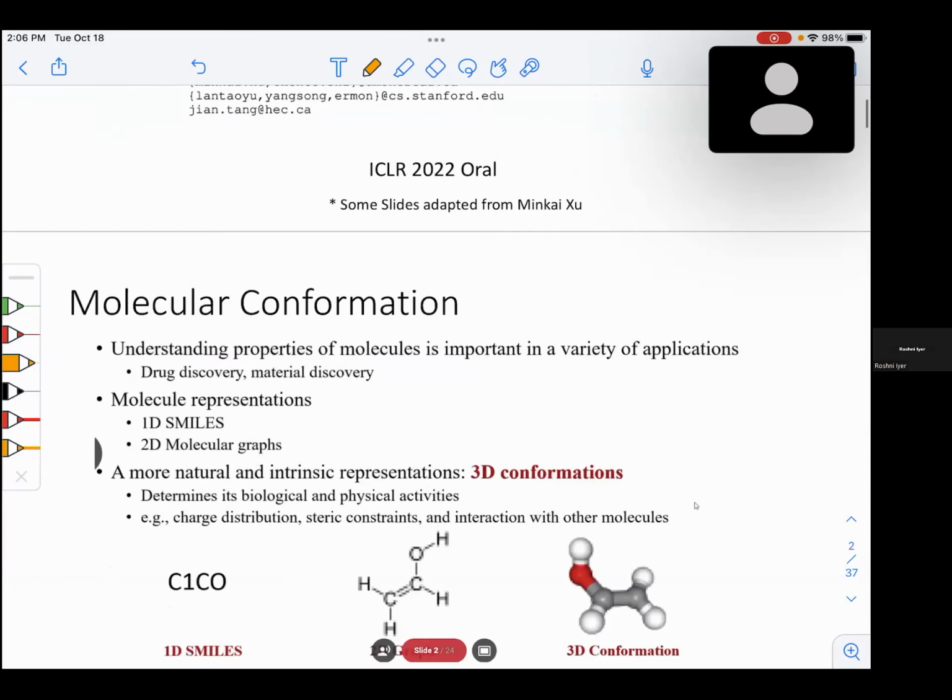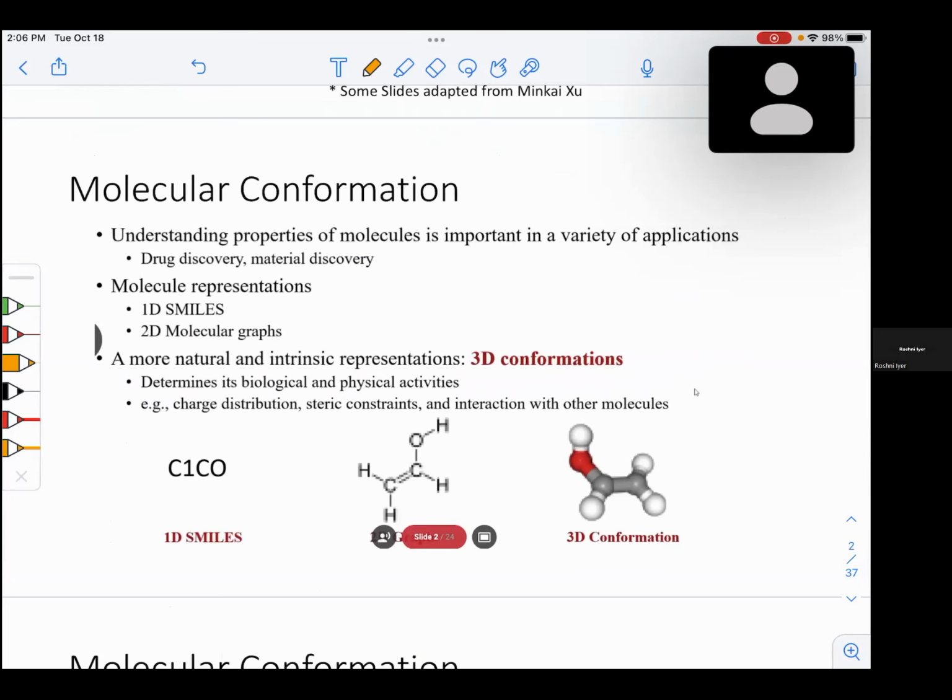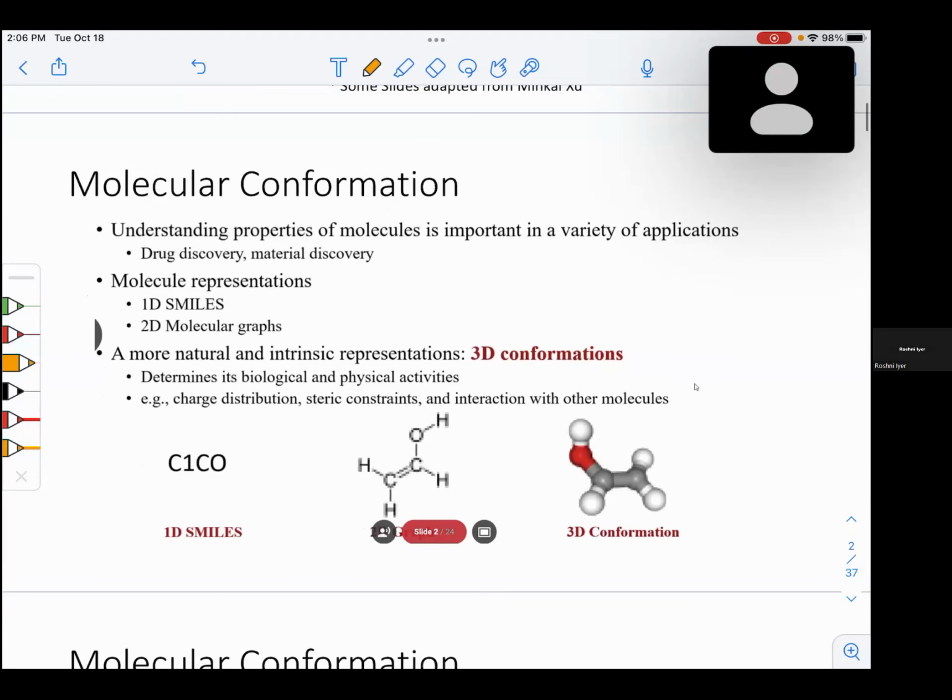Let's start from the problem definition first, because it may not be very familiar to all of you what molecular graph conformation is. The motivation starts like this.